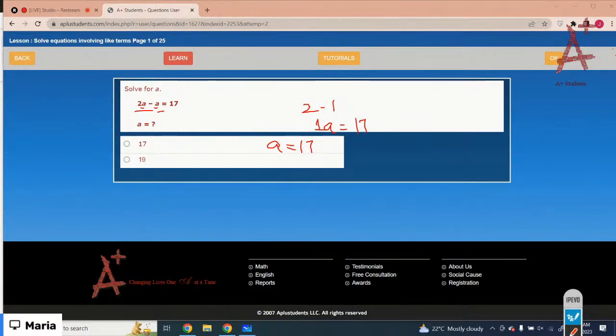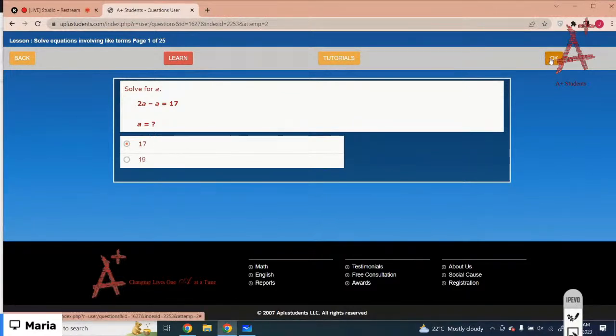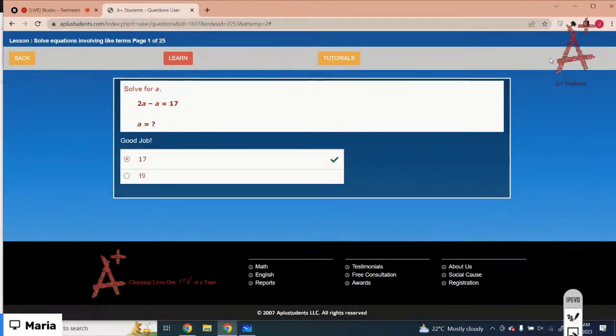So a equals 17. The correct option for this one is 17. Just select the correct option and click on the OK button.